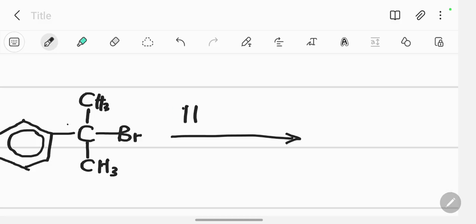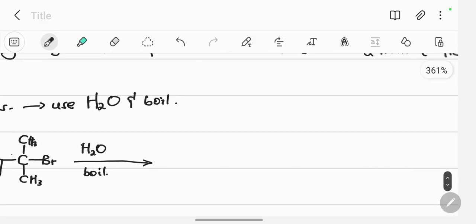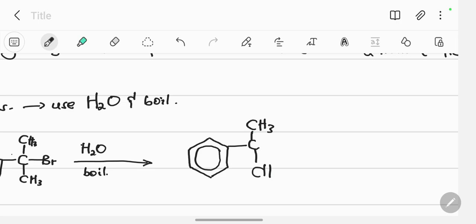It's going to be water, and you boil. So when you boil, you end up with the tertiary alcohol, CH3, OH plus hydrogen bromide there.